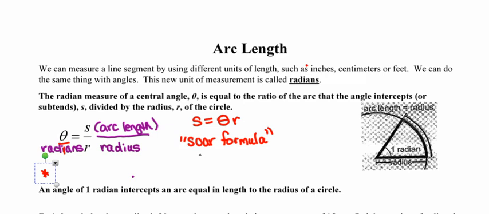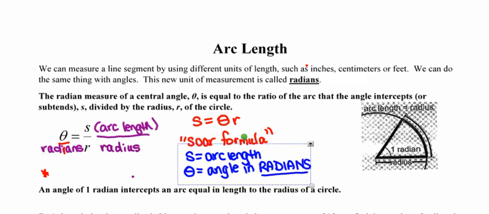And in the SOHR formula, S represents arc length. Theta is always the measurement of the angle in radians. That's really, really important. This formula does not work if the measure of the angle is given to you in degrees. And of course, R represents the radius.